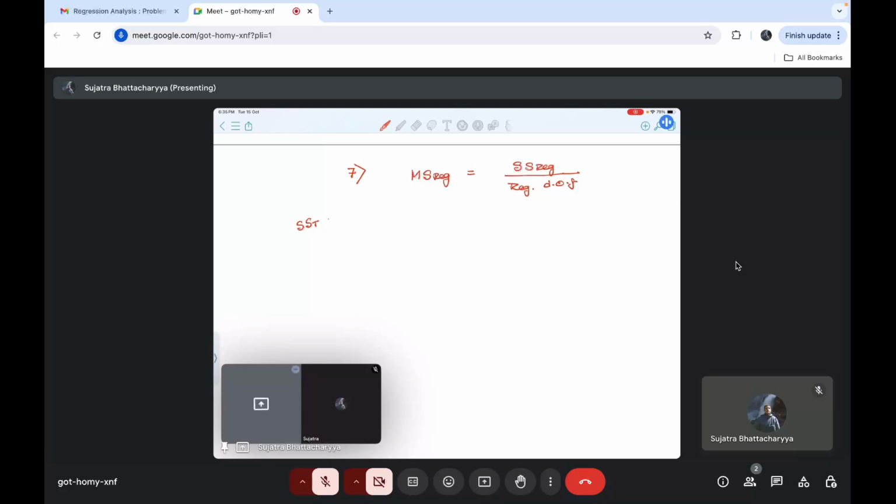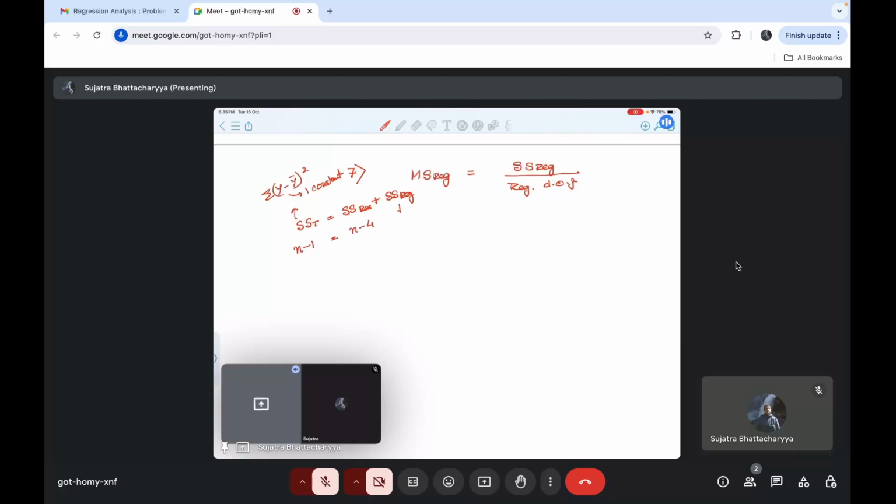We know that SS total is nothing but SS residual plus SS regression. For the SS total, the definition will always remain the same because this will be y minus y bar whole square, which has one constant. We have discussed multiple times. It has one constant, so its degrees of freedom will always be n minus 1. SS residual degrees of freedom we have calculated as n minus 4.